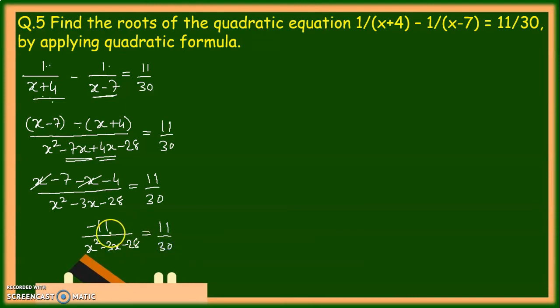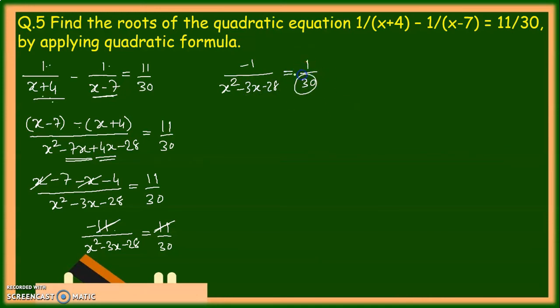And with further simplification, here you can cancel out this 11 and 11. So on the numerator we will get minus 1 divided by x square minus 3x minus 28, equal to 1 upon 30.